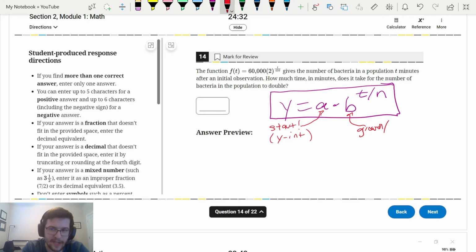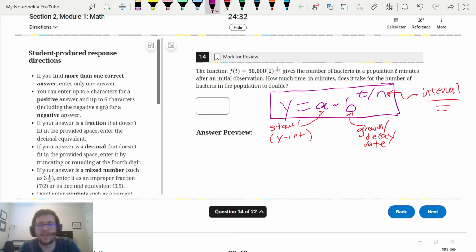That's basically just x, but I changed the x to a t because in word problems like this one, they use t. Usually our independent variable in real life is time. Not always, but a lot of times it is. The t is time, but you've got this new letter n, and that wasn't there before, right? N is the interval. The interval is how often the growth rate is fully applied.